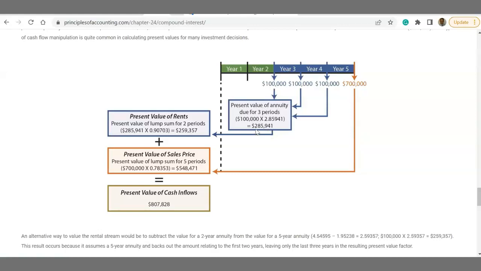Now, in year 2, you take this lump sum, 285,941, and you bring it to the present value of today, right now. So the 3 annuity due payments combine to become a present value at the beginning of year 3, or end of year 2.